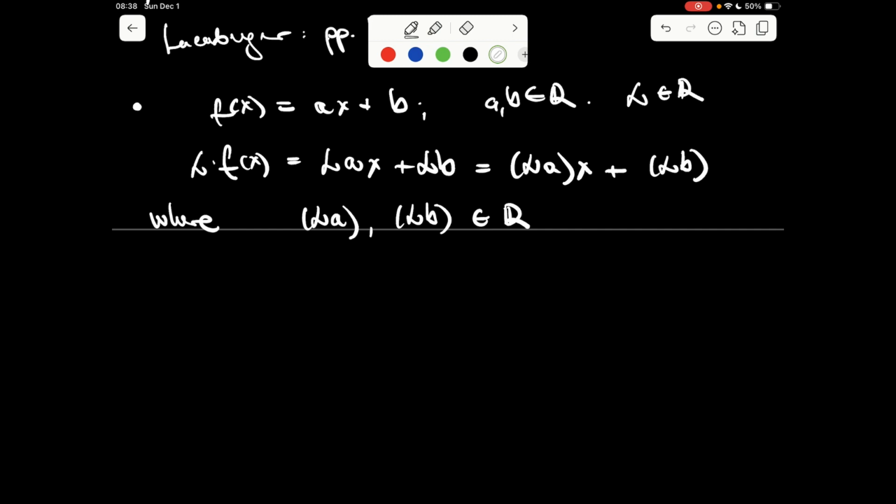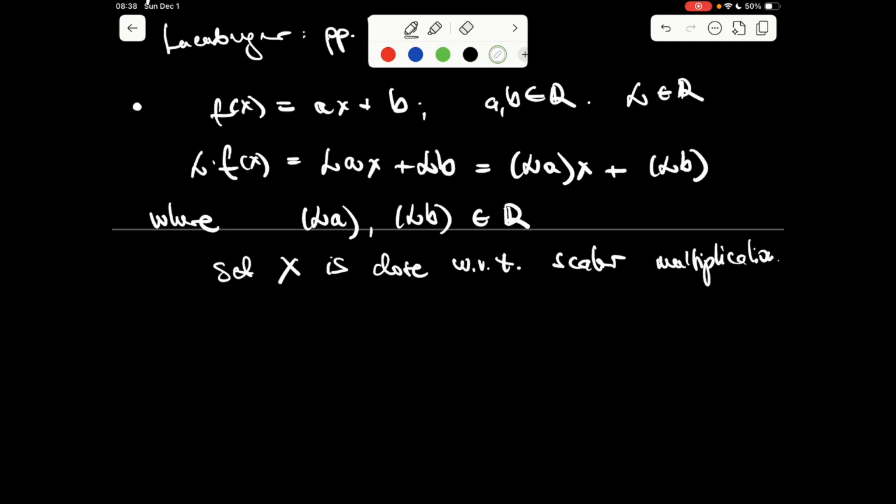So set X is closed with respect to scalar multiplication. Okay, this was the first point.